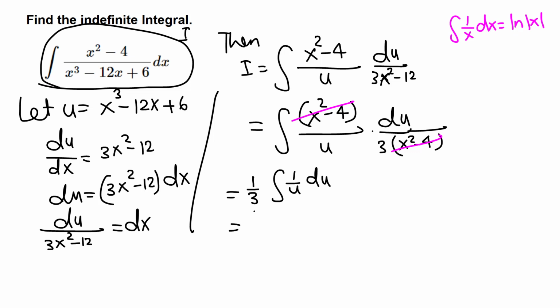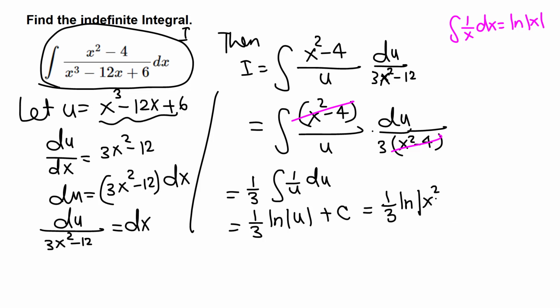That means here 1/3 natural log of u plus some constant of integration, but u was not in the question, so we need to back substitute u. That is the final answer: 1/3 natural log of u. u is here, x cubed minus 12x plus 6, plus c. Final answer.